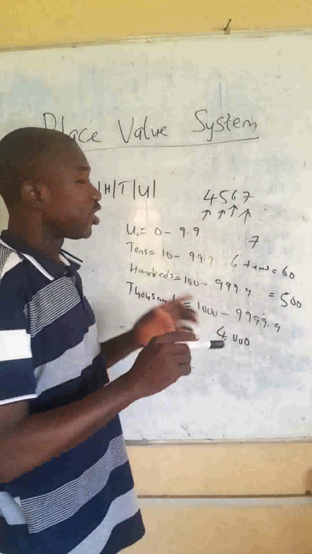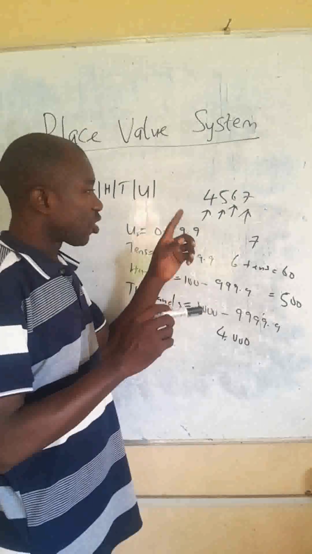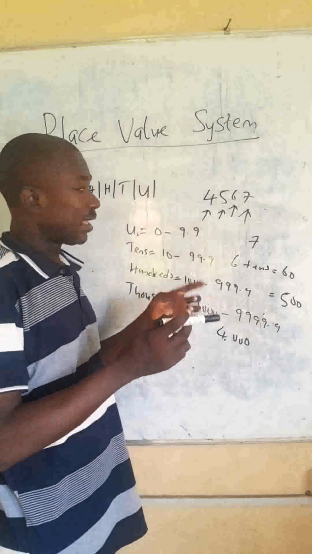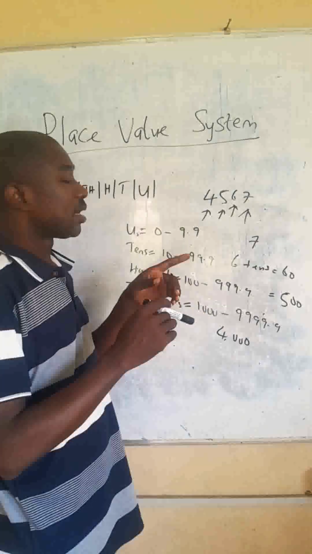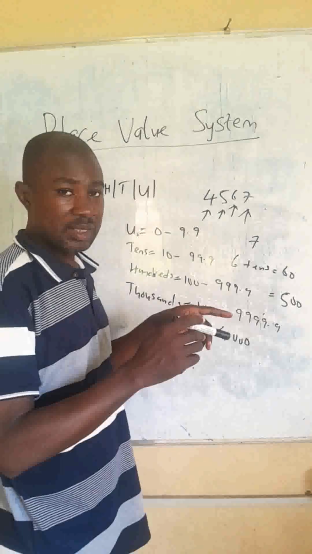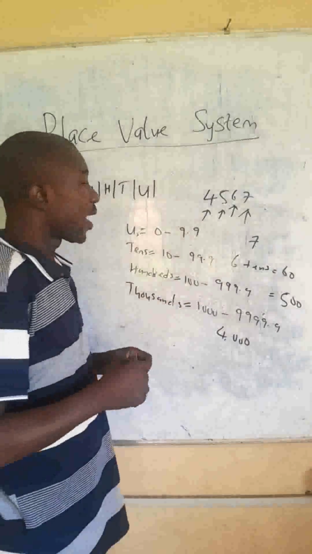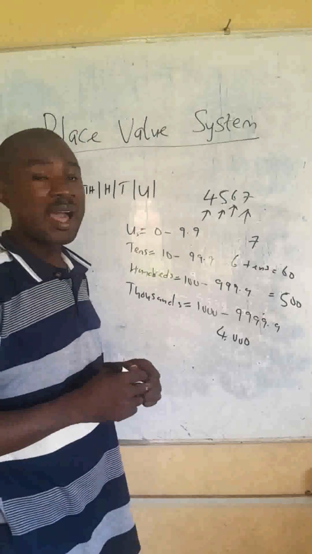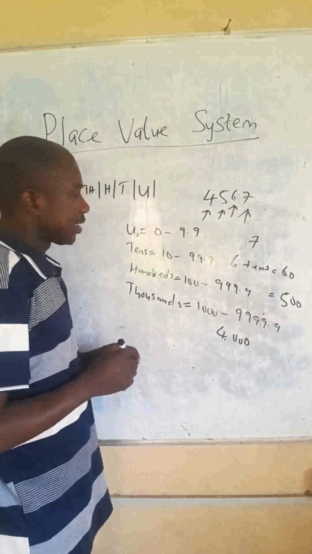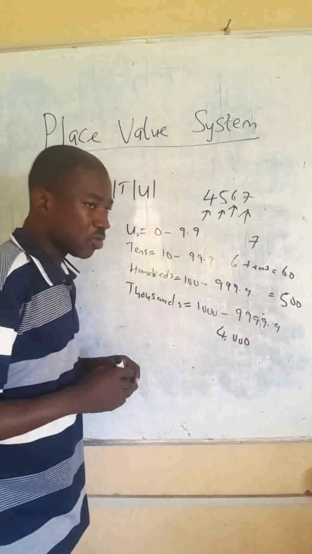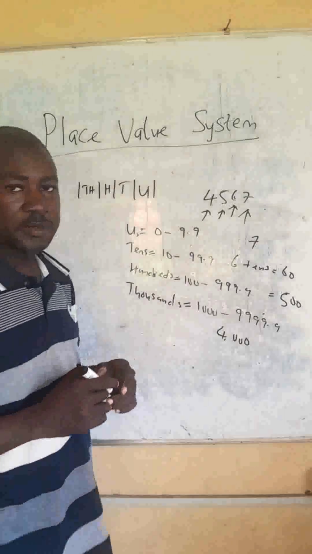So it depends on where the number is placed. That number 4 can be 40. That same 4 can be thousands. It can be tens of thousands. This is the first example.